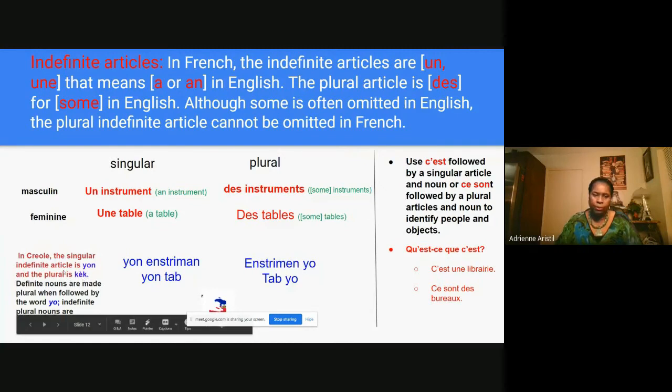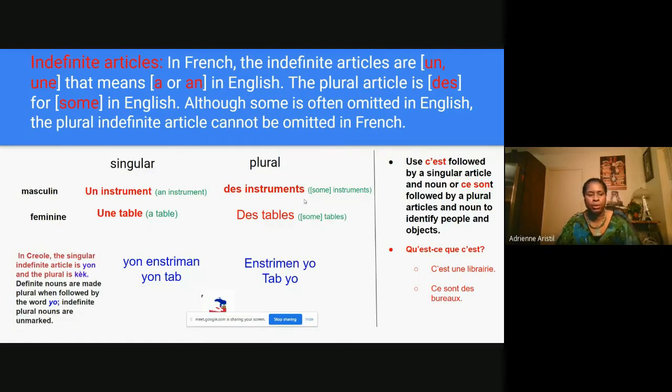The plural indefinite article is kek for des, or some. Definite nouns are made plural when followed by yo. And indefinite plural nouns are unmarked.